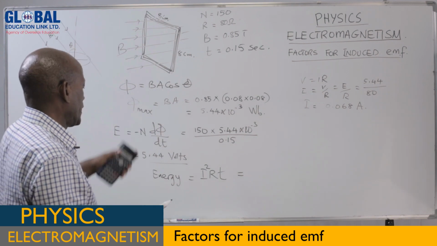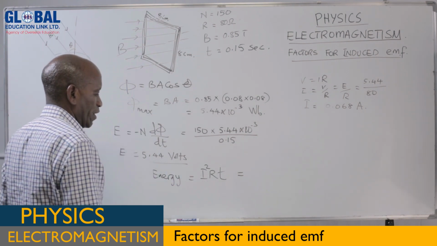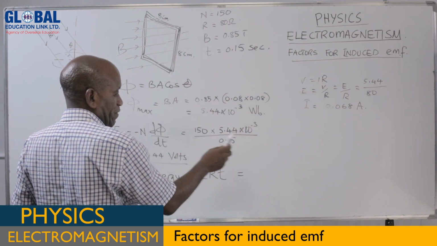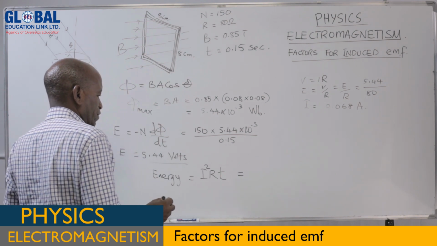Now that current is the one we substitute here. The resistance R is 80 ohms, and the time T is 0.15 seconds.